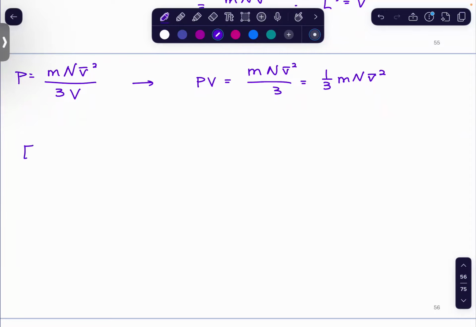So our kinetic energy, the expression in physics, is 1/2 mv squared. Now look here, I can rearrange this to pull a 1/2 mv squared out. So first off, if I want to pull a 1/2 out of 1/3, what do I have? 1/3 actually equals 2/3 times 1/2.